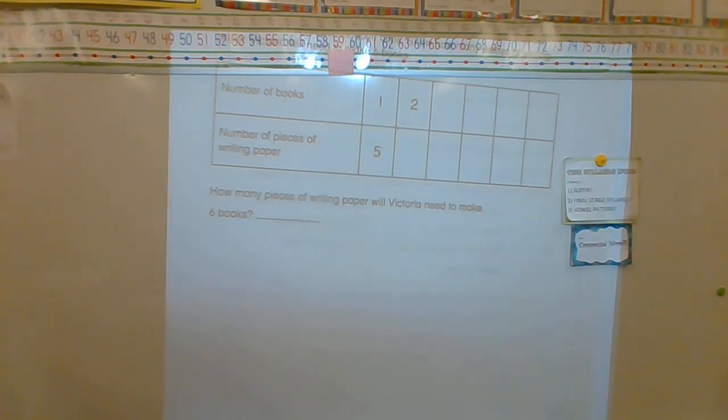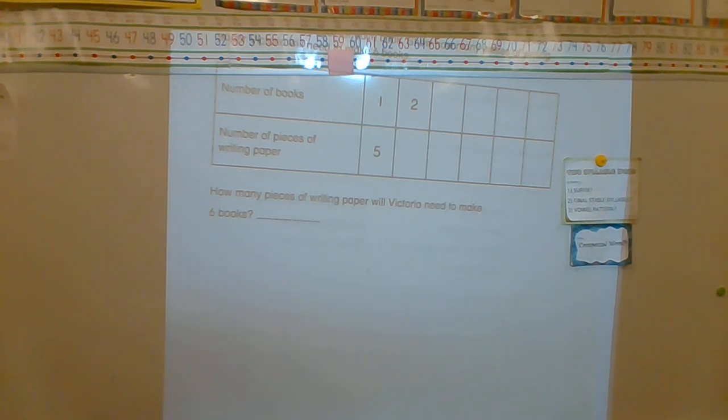All right, now let's keep going in math lesson 100. We also have a problem-solving worksheet. And remember, when we do a problem-solving worksheet, we call it UPS check.